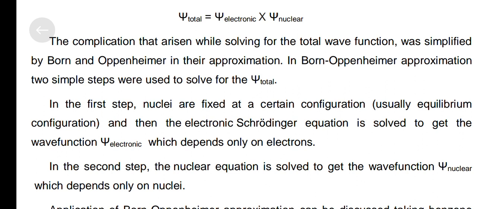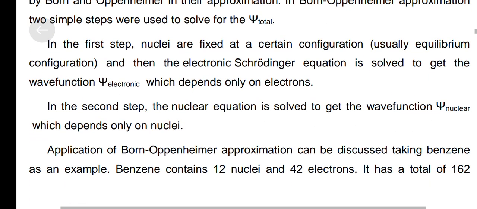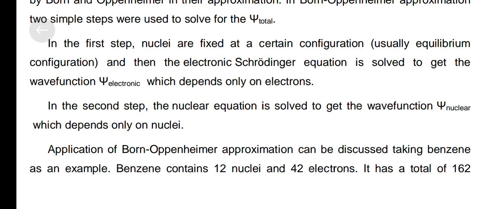In the second step, the nuclear equation is solved to get the wave function psi nuclear, which depends only on nuclei. Application of the Born-Oppenheimer approximation can be discussed taking benzene as an example.